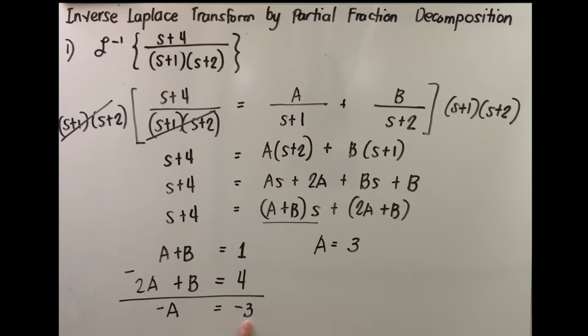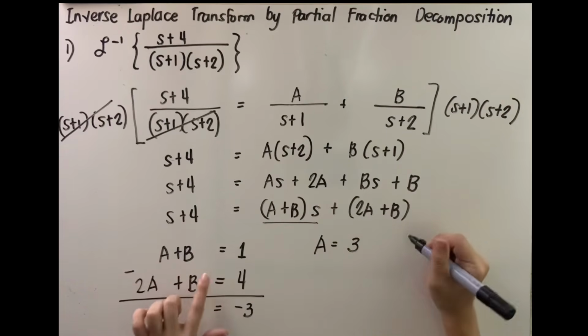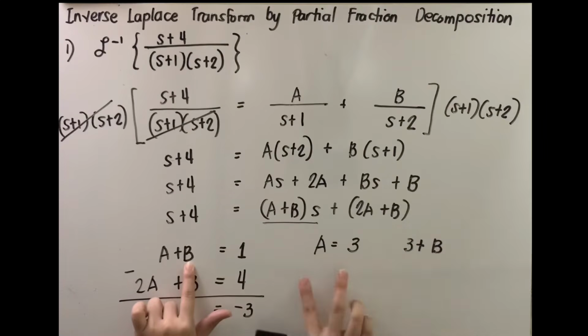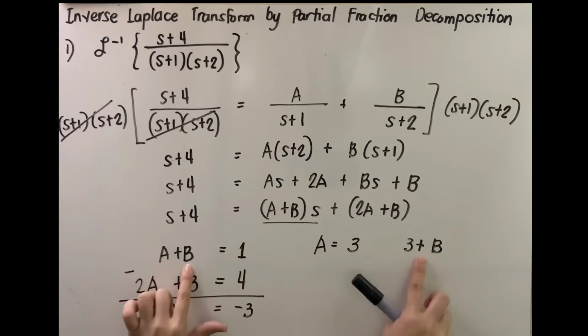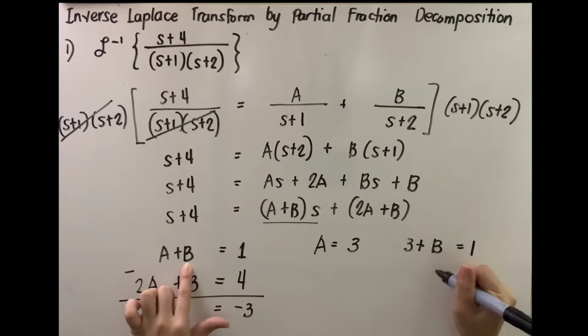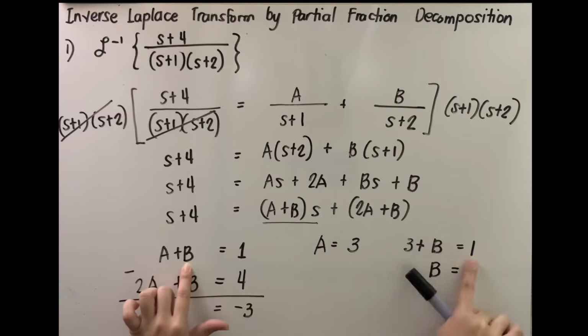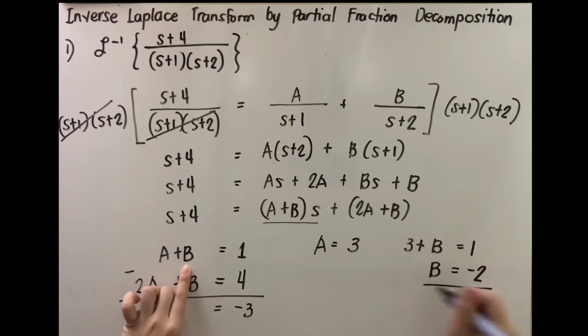Using one of the two equations, we can solve for B. Let's say we substitute A = 3 into this equation. That would be 3 + B equal to 1. I can solve for B by transposing the constant to the right side. I'll get 1 minus 3, which means B is equivalent to -2.